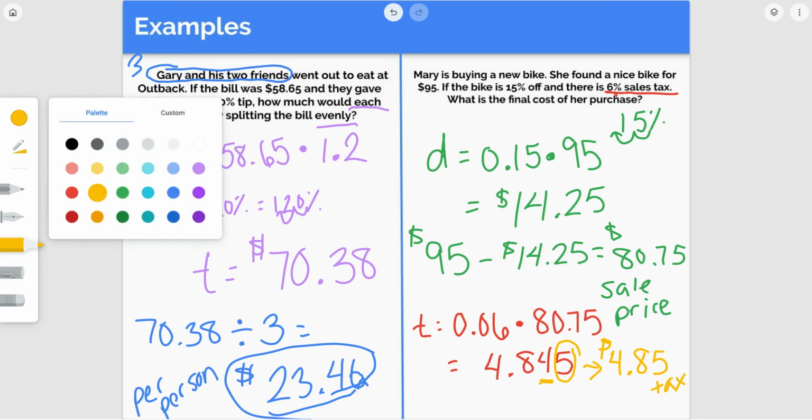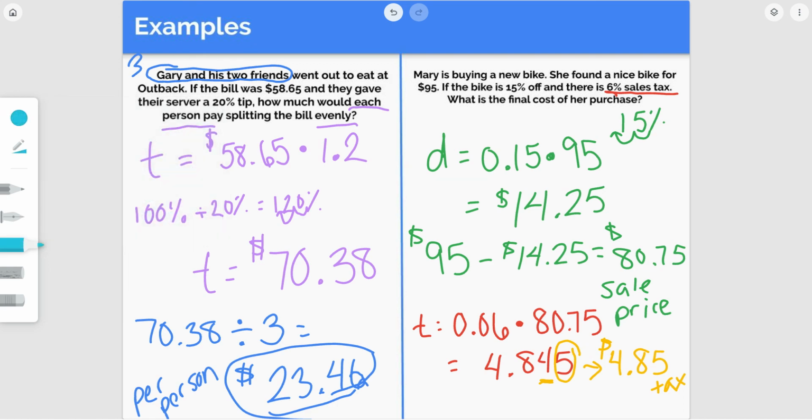This one's got several steps. So that's why this is extra credit. We're kind of taking the next step in what we've been learning. All right. So now to find out my final cost, I'm going to take the $80.75, her sale price, and I'm going to add her tax.